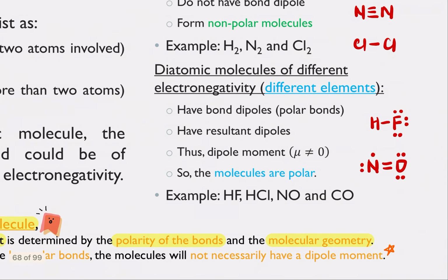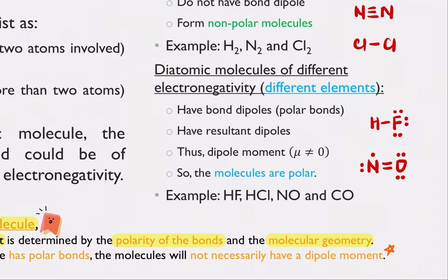If your diatomic molecule has different elements, it will have a difference in electronegativity. That means your diatomic molecule of different elements will have a bond dipole. In this case, between hydrogen and fluorine, fluorine is more electronegative.